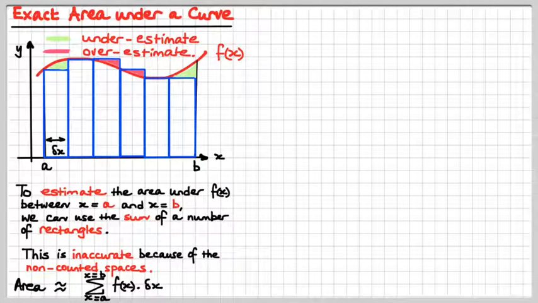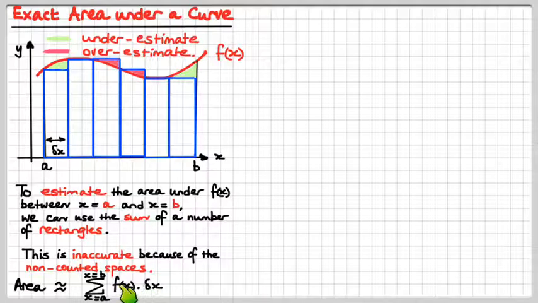now what I want to say there is that the area therefore is approximately, and in this case it's very approximately, the sum. This is a Greek capital sigma, okay, which denotes in maths the sum. The sum of the heights, which is f of x, in this case it's the left-hand side of the rectangle's height, where it intersects the curve, times the delta x's, which are the widths of the rectangle.